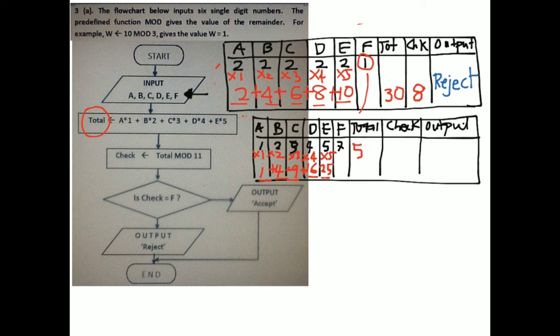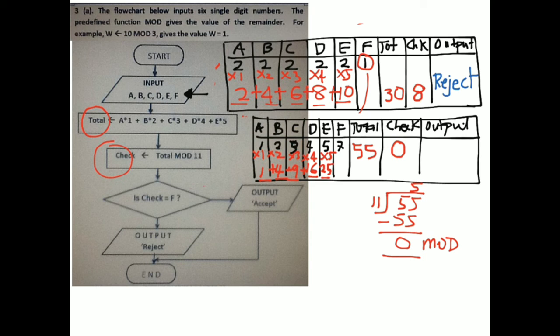We have a total of 55. Okay, check is to find the mod of the division by 11. So 55, that is actually in the next flowchart diagram. So your answer will be 55. When you minus that, you have no remainder. It's actually exactly 0.